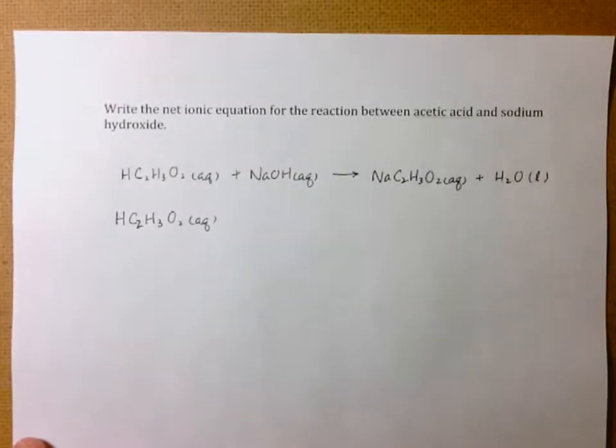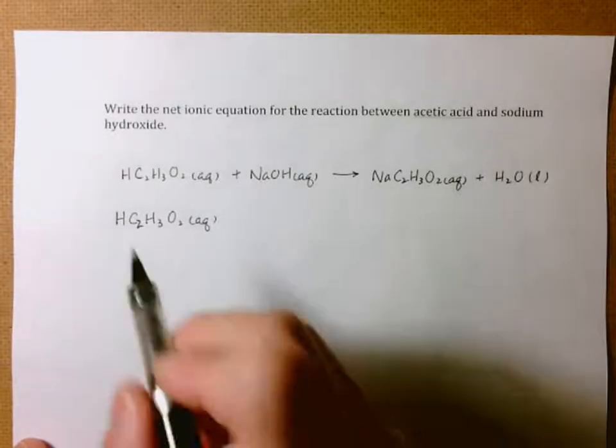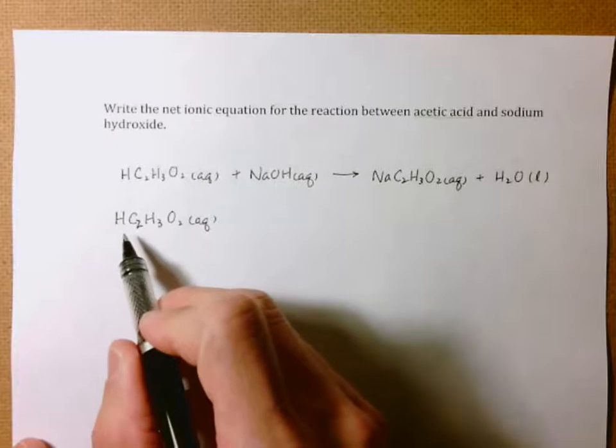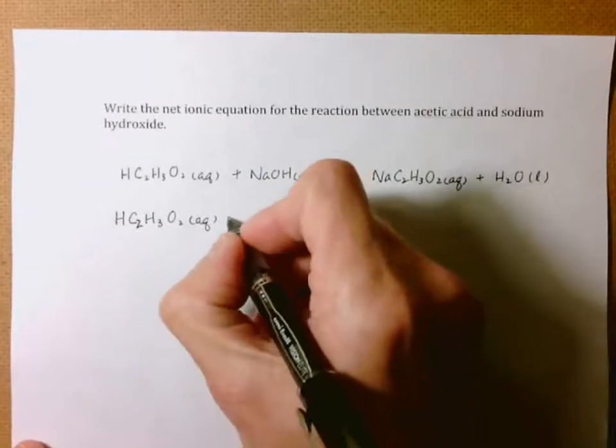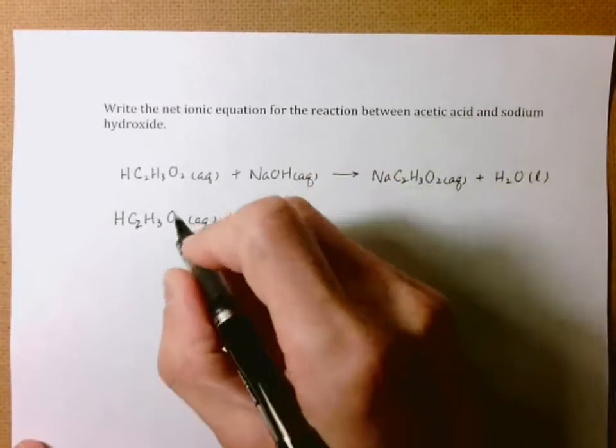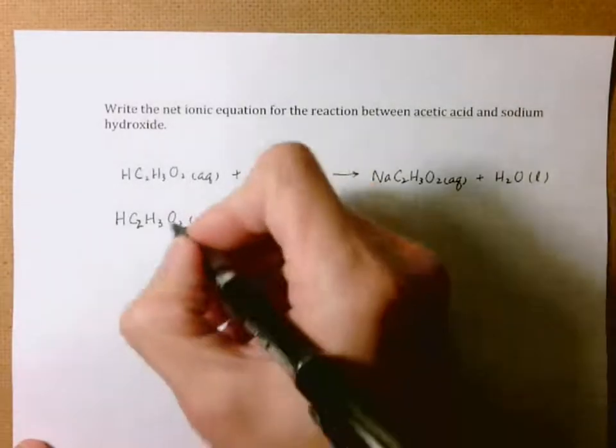That is the huge difference between a strong acid and a weak acid. Strong acid, the proton is free from the beginning. Weak acid, the proton is not free. So it's held on by the acetate.